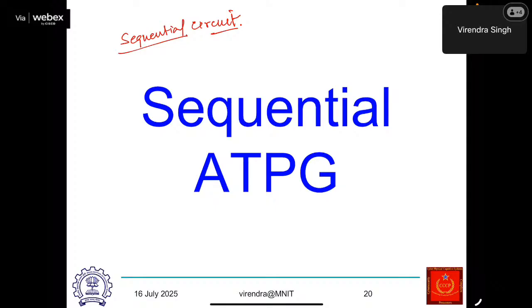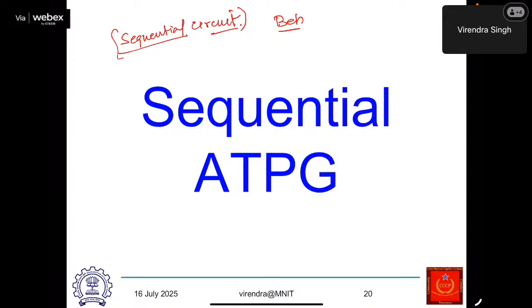If I have a circuit and I define the behavior of the circuit such that the output is determined by the instantaneous input that it is getting at that given point in time, we call that a combinational circuit. So output is decided by the combination of the inputs that we are applying.